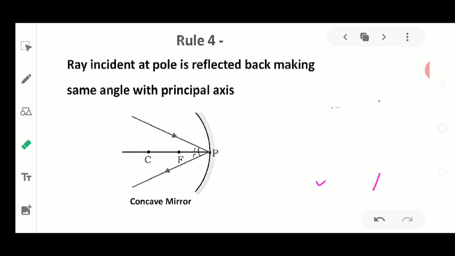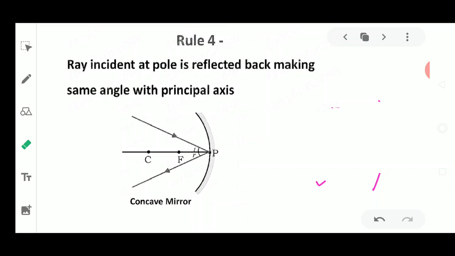So with these laws and rules used in the concave mirror, we are going to draw the ray diagrams, which will be based upon the positions of the object. You should always remember the positions. First I am discussing the positions where the objects might be placed, so that we can know what kind of image will be formed after reflection.